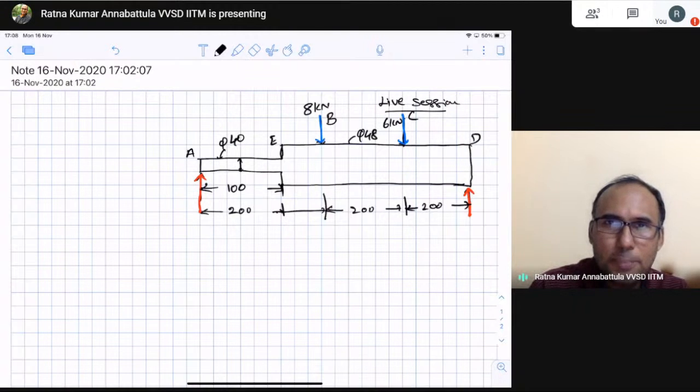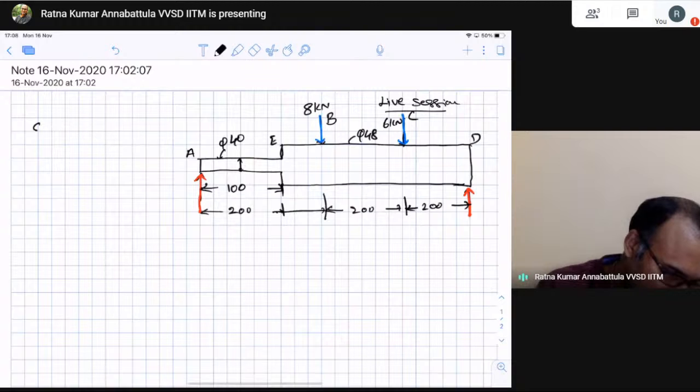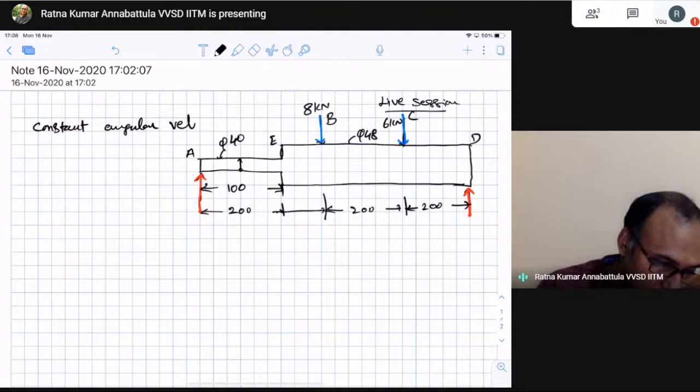This stepper circular shaft is rotating at a constant angular velocity, so there is no velocity fluctuation.